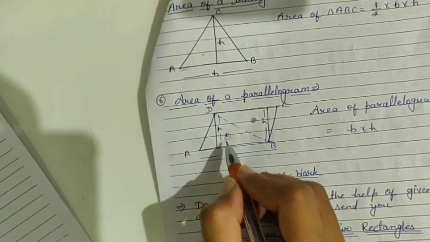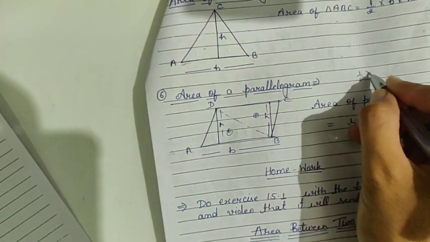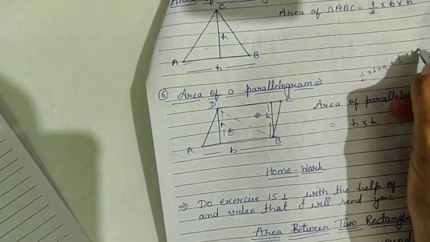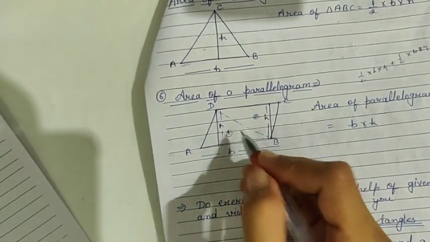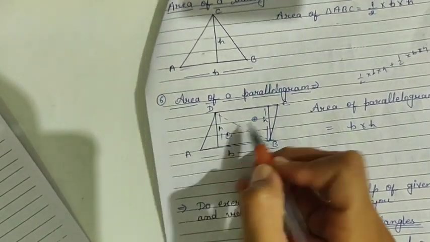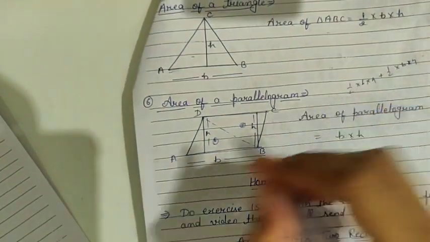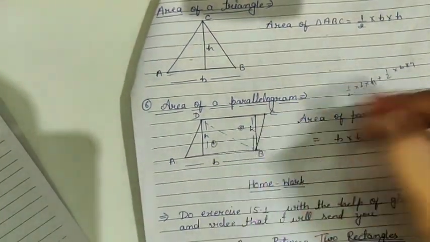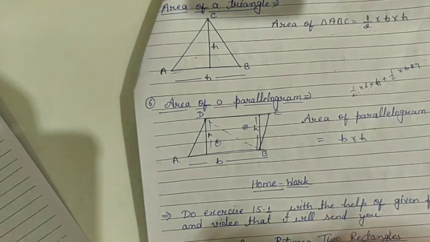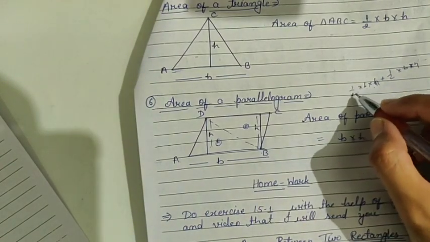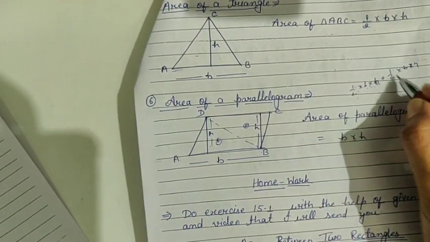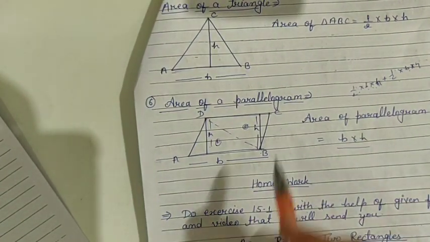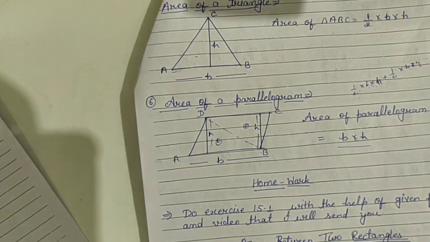Area of this triangle is 1 by 2 into base into height, and area of this triangle is also 1 by 2 into base into height. So 1 by 2 into base into height plus 1 by 2 into base into height is equal to base into height. So area of a parallelogram is equal to base into height.